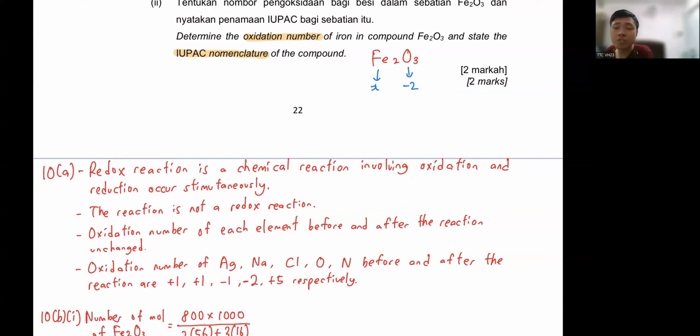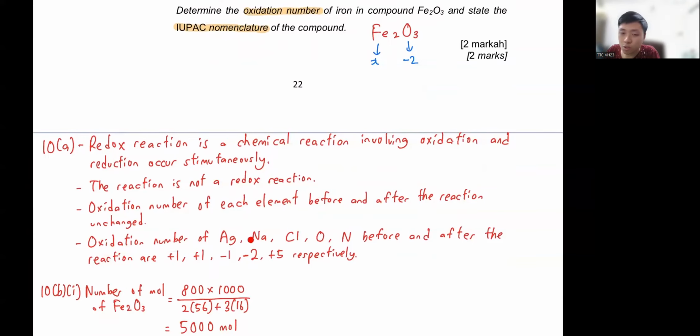If it is a redox reaction, then you say one by one, for example the oxidation number of Ag increases from +1 to +3. I saw the answer scheme is very lousy, because they write everything: oxidation number of Ag before and after in one sentence, for Na one sentence, so we get 5 sentences. Very long, so I just cut it short into one. And actually I think this one is only 4 marks.